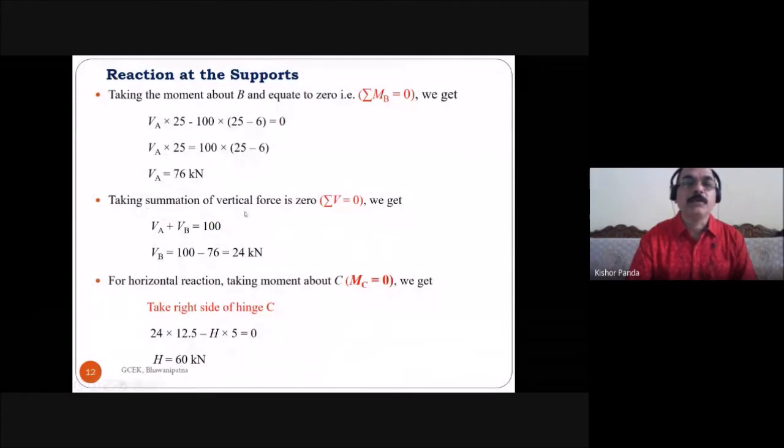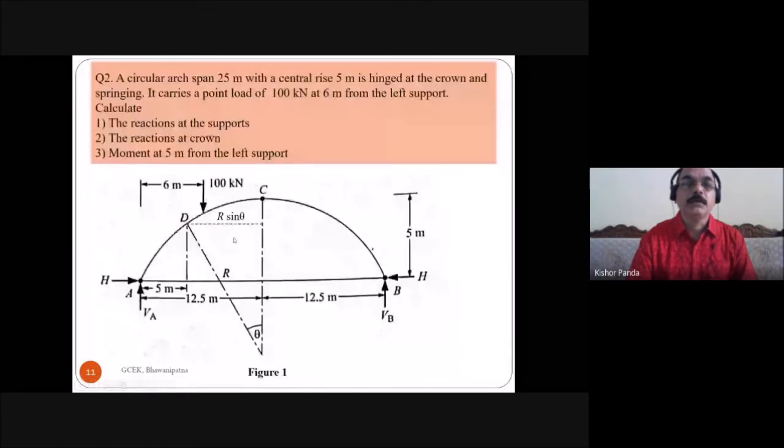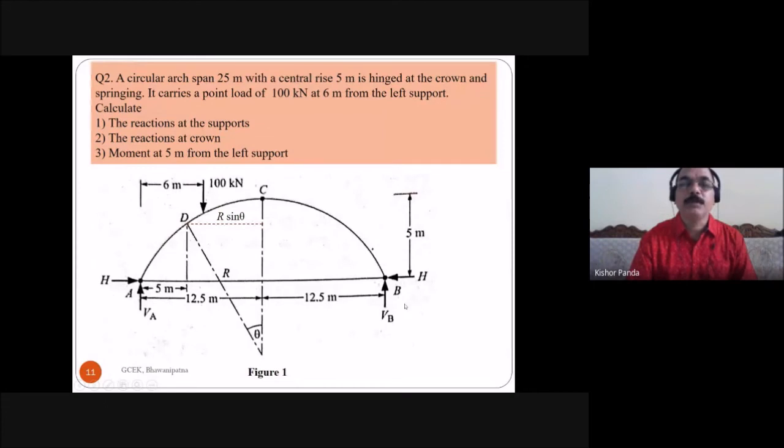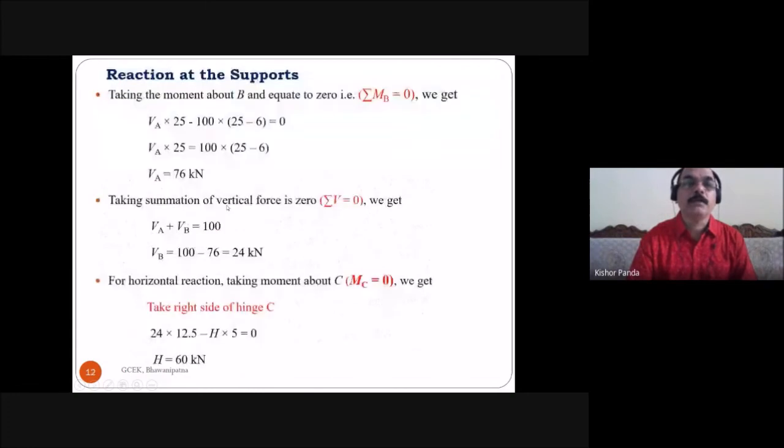Then taking summation of vertical force equal to 0, VA plus VB is upward and the downward force is 100. So VA plus VB is equal to 100. From this relation we get VB is equal to 100 minus 76, which is 24 kilonewton.